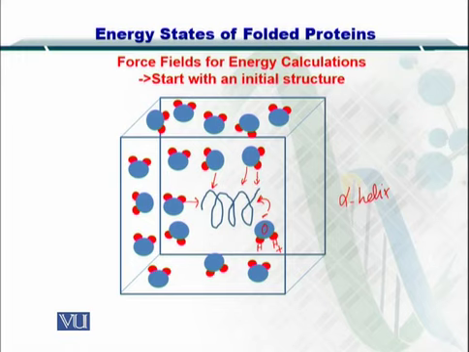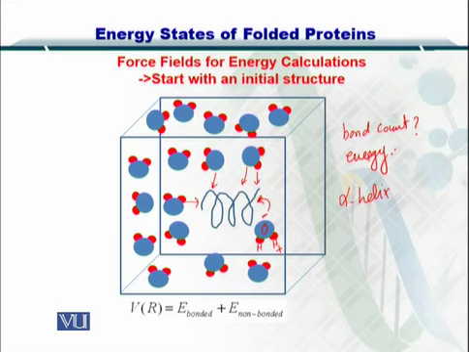So once the protein interacts with these molecules, we'll see how many bonds are made, the bond count, and then compute the energy. If you remember, the formula for computing the energy is non-bonded plus the bonded ones.